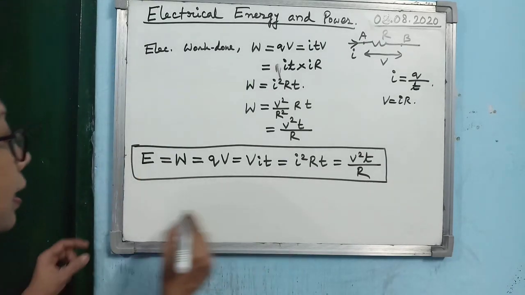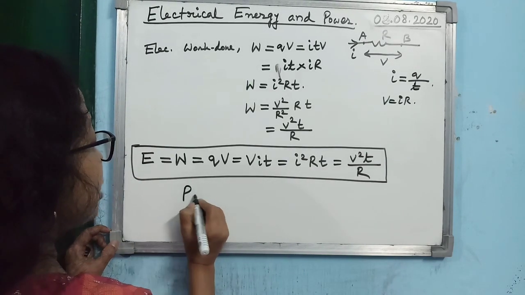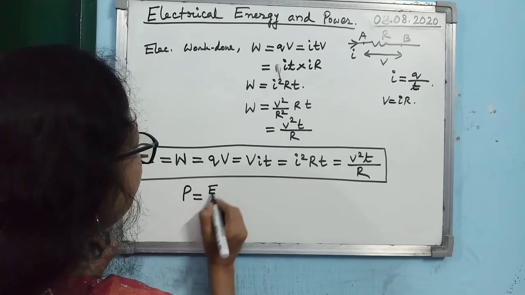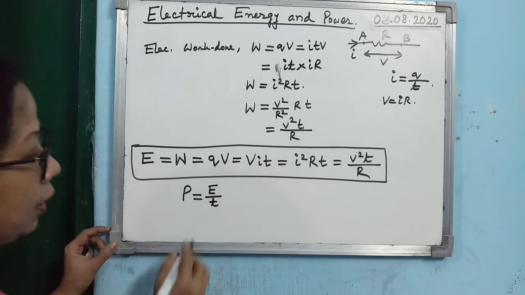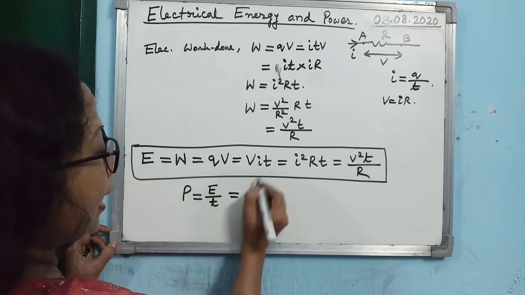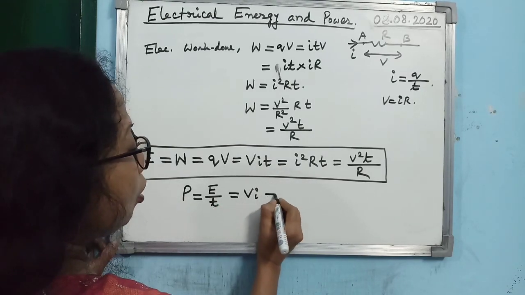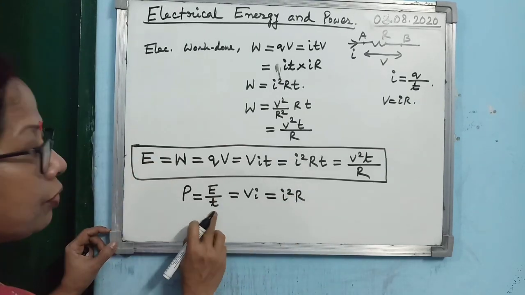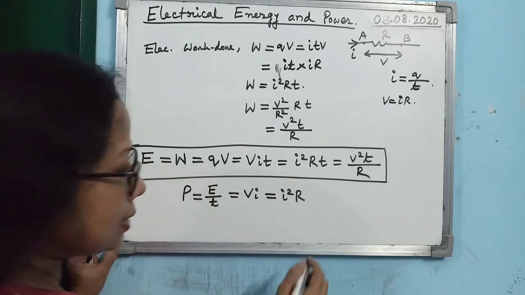Then next one will be, what is the expression for electrical power? Power we know, energy by time. So you can write it as V into I, or I square into R, because when you divide by T, T will get cancelled.